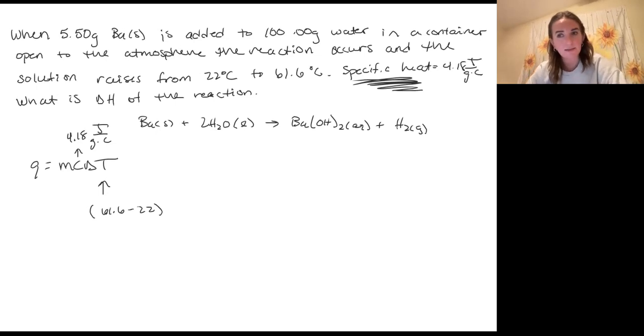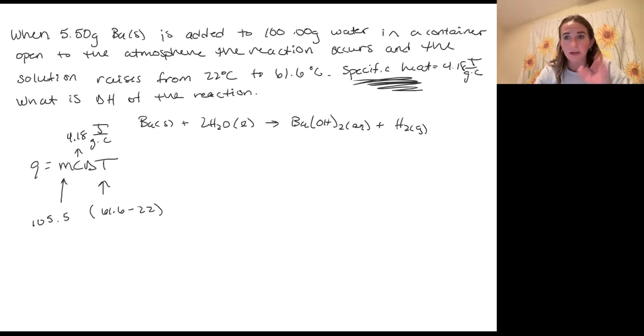Do we know what our mass is? Good. So it is 105.5. Why is it 105.5? Beautiful. Yep. So we're taking our system and our surroundings.